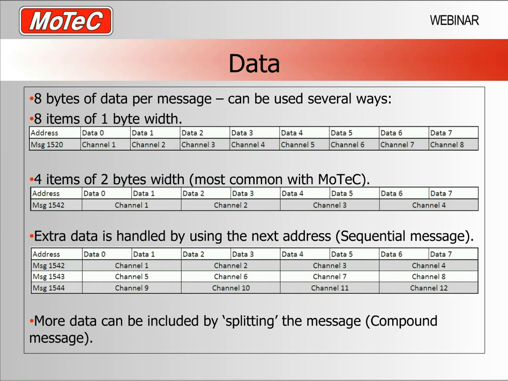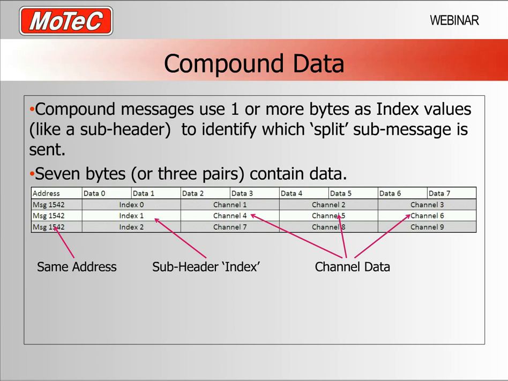The other way we can add extra data, there are some situations where we don't wish to have subsequent message addresses occupied. So the other way we can do it is by splitting the message. This is what we call compound data. Now in this case, we actually take up the first pair of data bytes to do indexing, which is like a subheader that allows us to split the same message address into multiple sub messages.